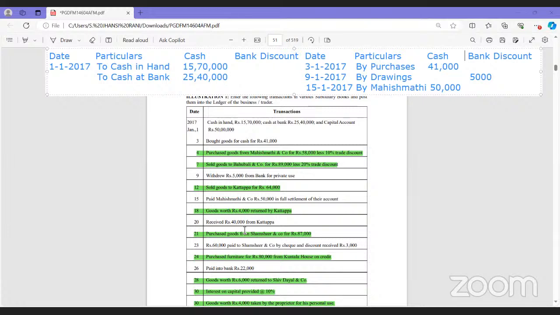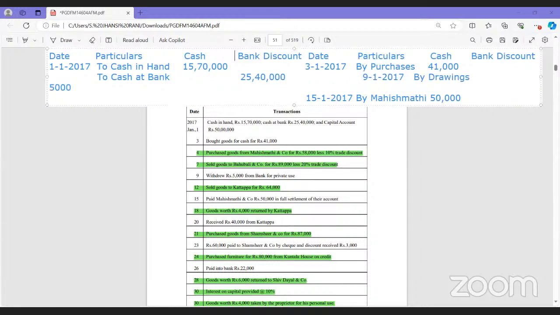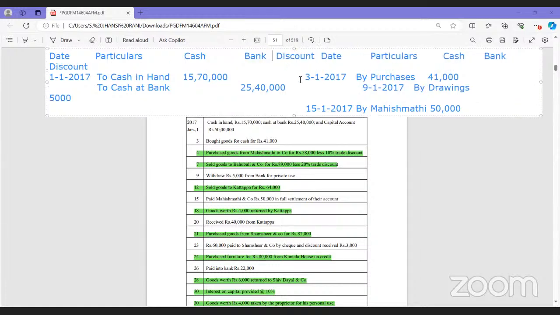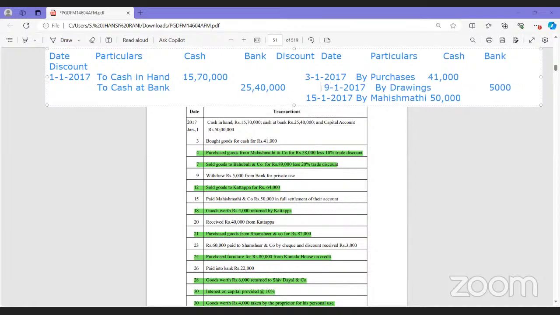Cash at bank means it should reflect in the bank column. Yes, it's in the bank column. Is it clear now? Clear, clear. Okay, it's in bank column.